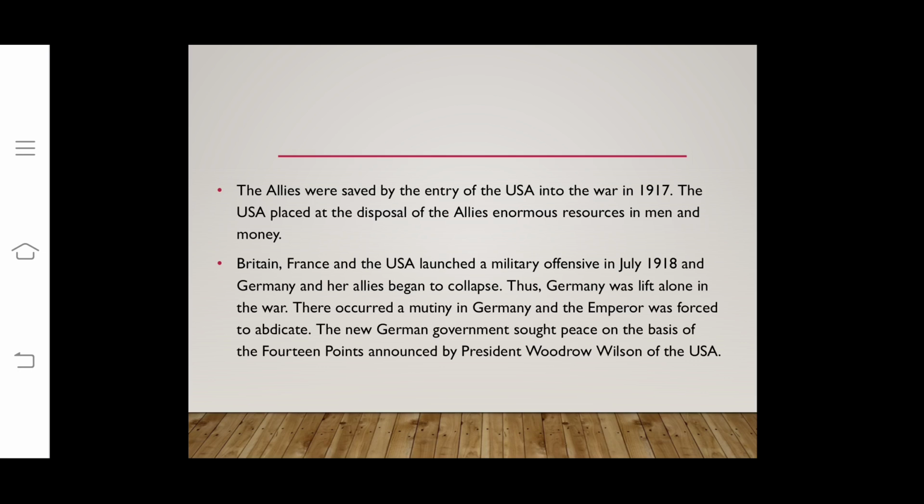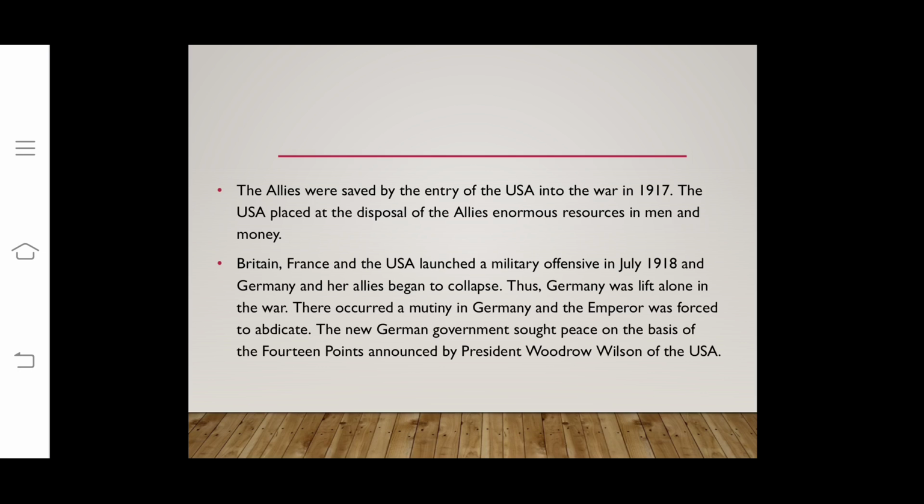The Allies were saved by the entry of USA into the war in 1917. One more important event took place in this year 1917. That is the Bolshevik Revolution or the Russian Revolution. The exit of Russia was very important in the course of the war.